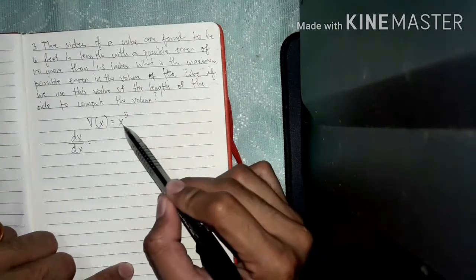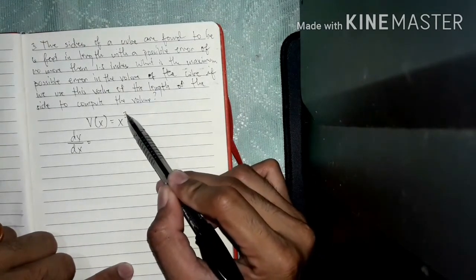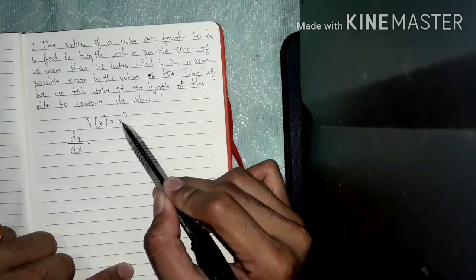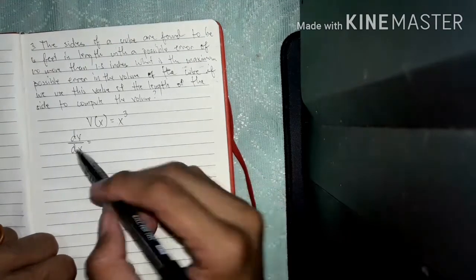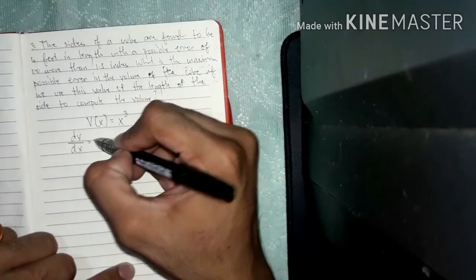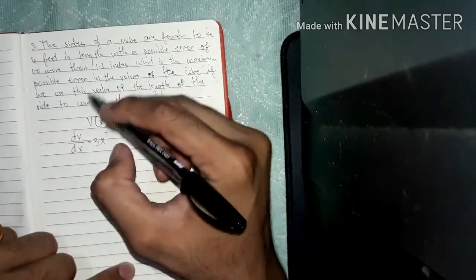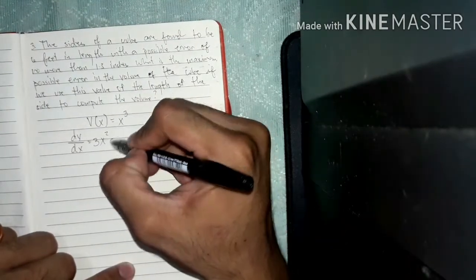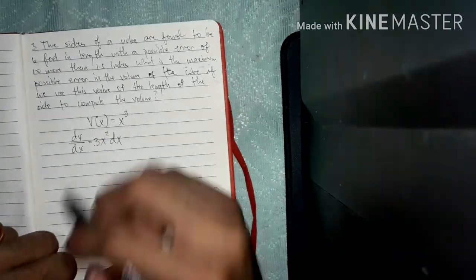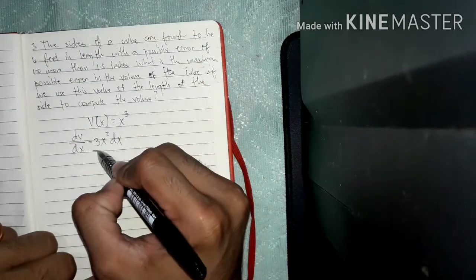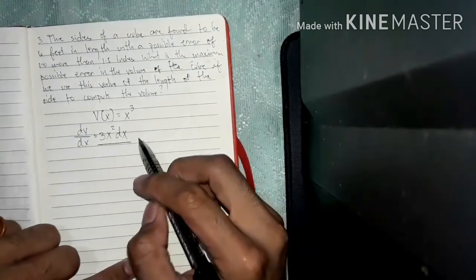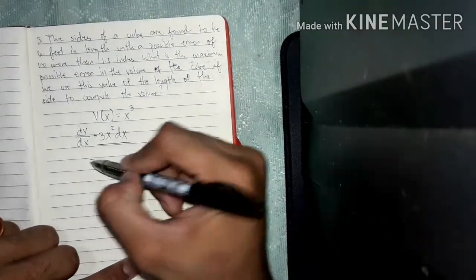Kung sa process na to is i-times siya sa iyang exponent, then minusan og 1 ang iyang exponent. So mahimo na siyang 3x squared dx. Then mao na siya ang atong formula.